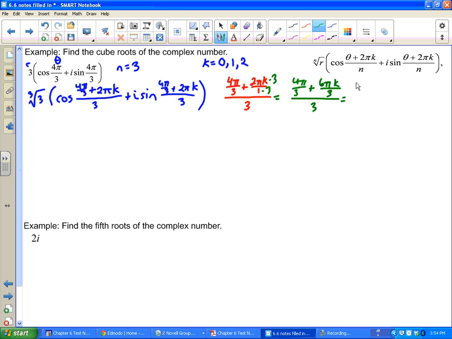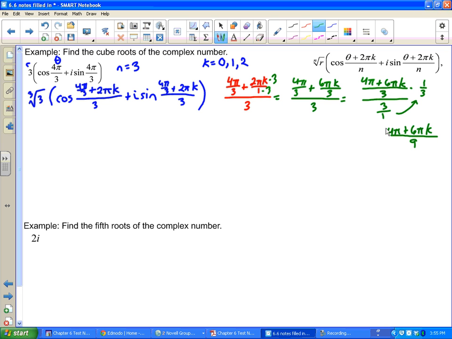And then I would just combine the two things on top here, 4 pi plus 6 pi k. I can't actually put those together because of that k, but I can set them next to each other on top of a fraction. This is over 3, which is really 3 over 1. I can flip that and make that a 1/3. So on top here, I have 4 pi plus 6 pi k times 1. That's just 4 pi plus 6 pi k. On the bottom, though, I have 3 times 3, which gives me 9.